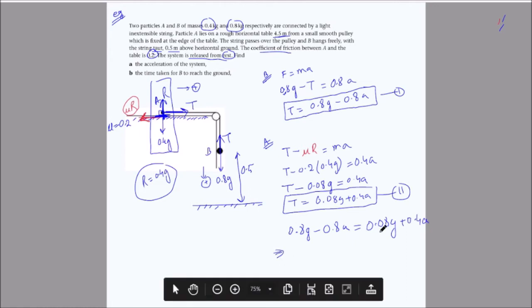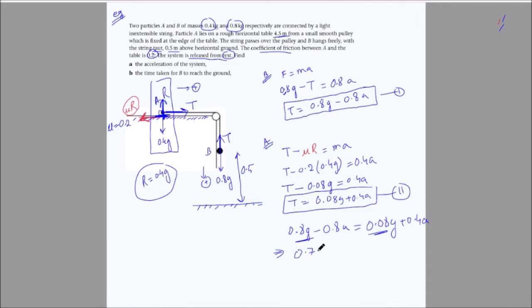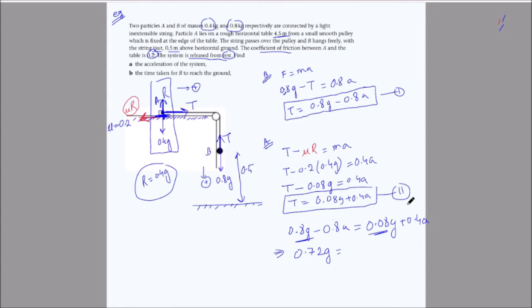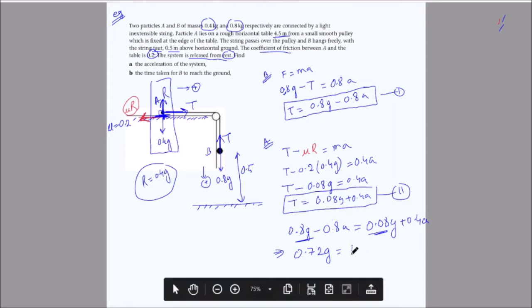Simplifying, if you keep this at the left side, you will get 0.72 g, and at the right side, if you shift this, it will be plus 0.8. So 0.4 plus 0.8 gives you 1.2 a.